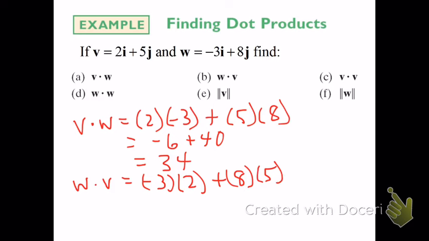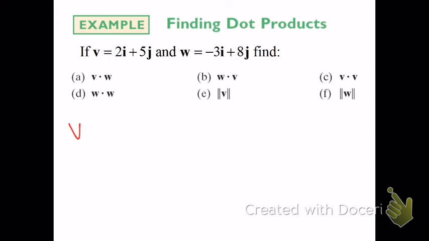So I'm getting ahead of myself on the properties here, but it looks like the dot product is commutative. Okay, so let's move on and look at v dot v.